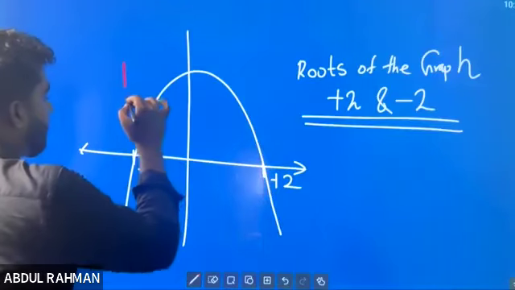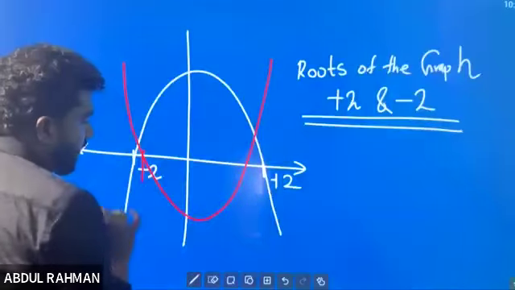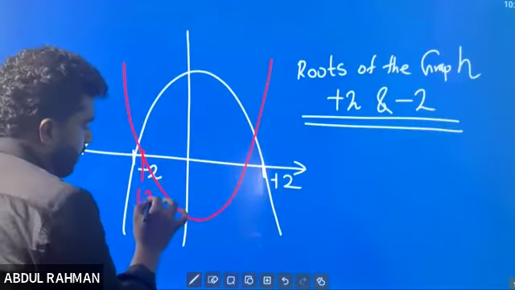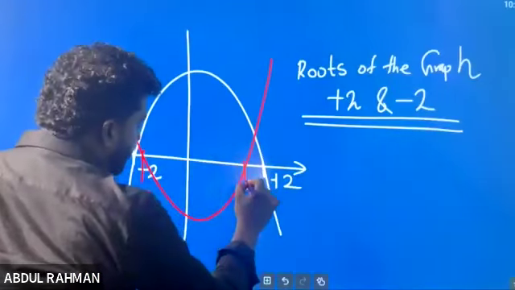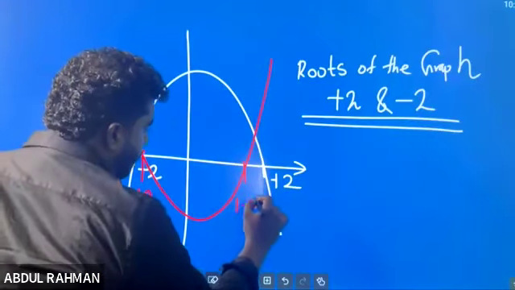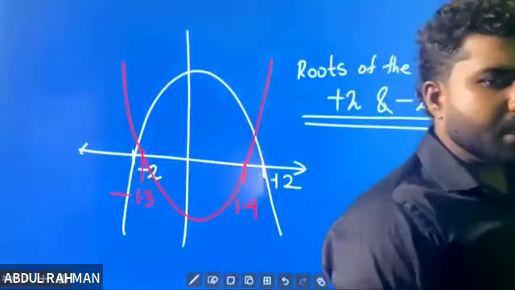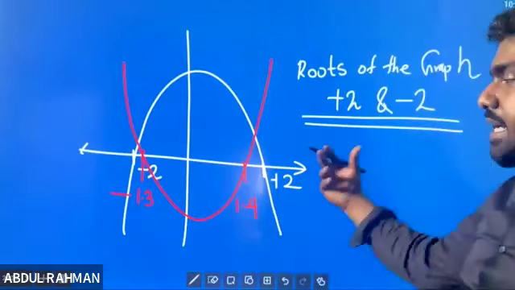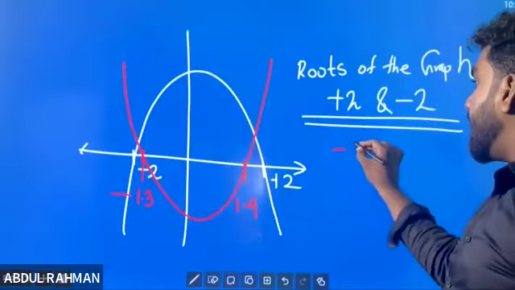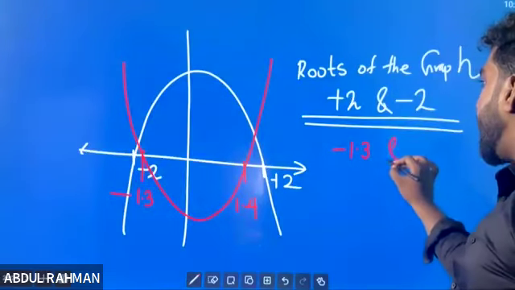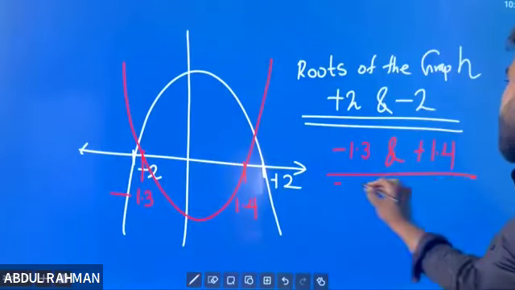Now let's say I'm drawing another graph, in which the value here is minus 1.3 and the value here is plus 1.4. Now the roots of the red color graph are going to be -1.3 and +1.4.